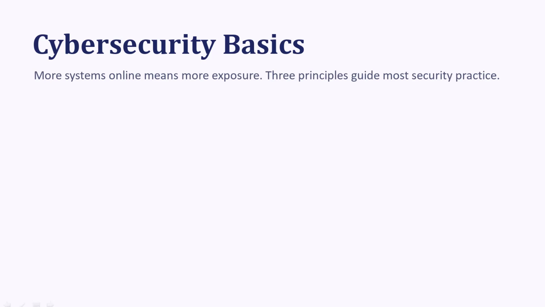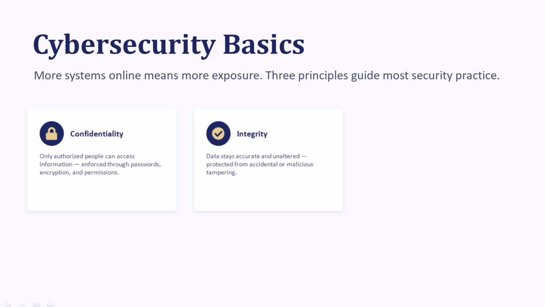Now let's talk about security, because the more systems we connect, the more exposure we create. Most security practice is guided by 3 principles, sometimes called the CIA triad. Confidentiality means only authorized people can access information. This is enforced through passwords, encryption, and permissions, making sure the right people, and only the right people, can see sensitive data.